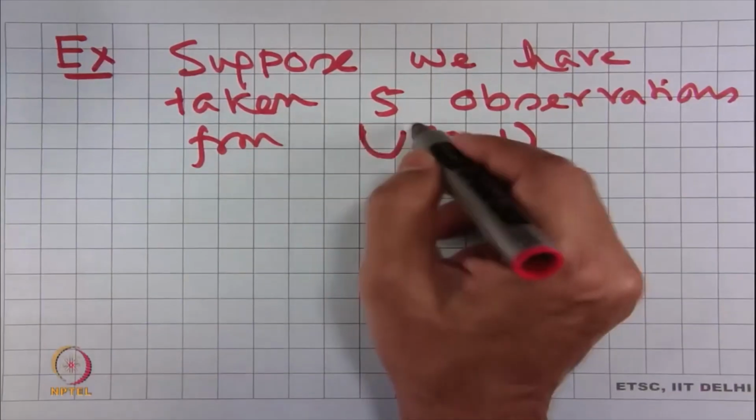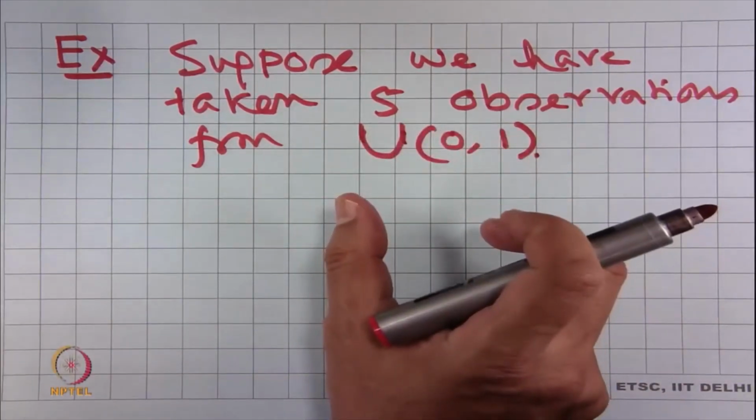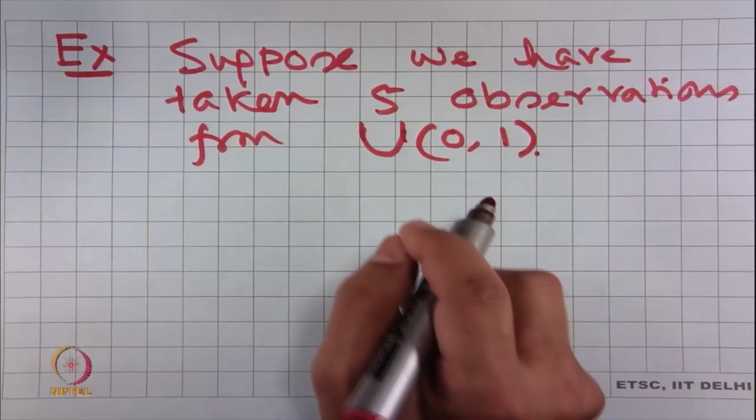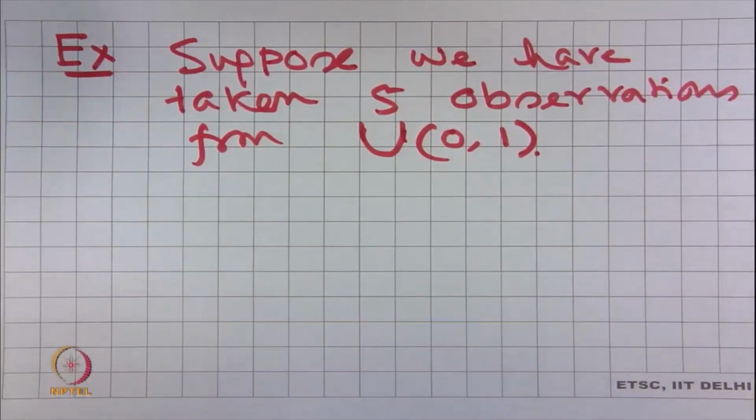That means, from the real line interval 0 to 1, we have taken 5 values.